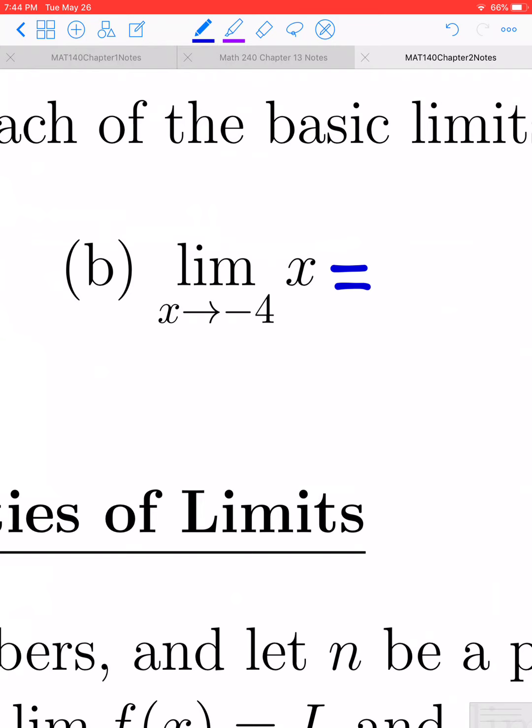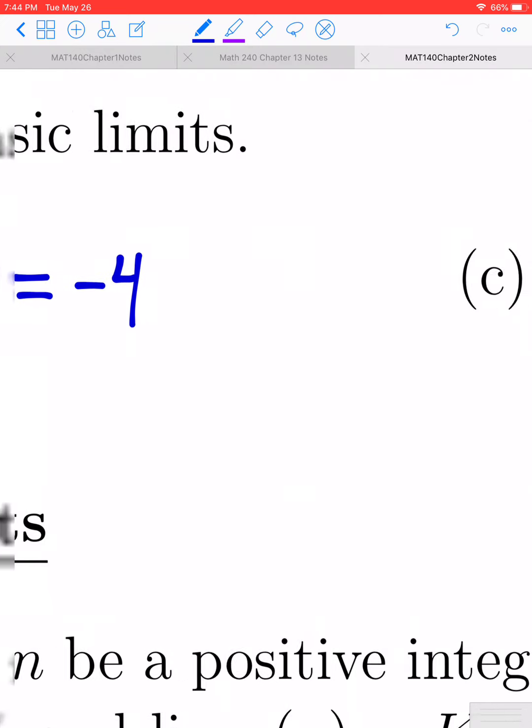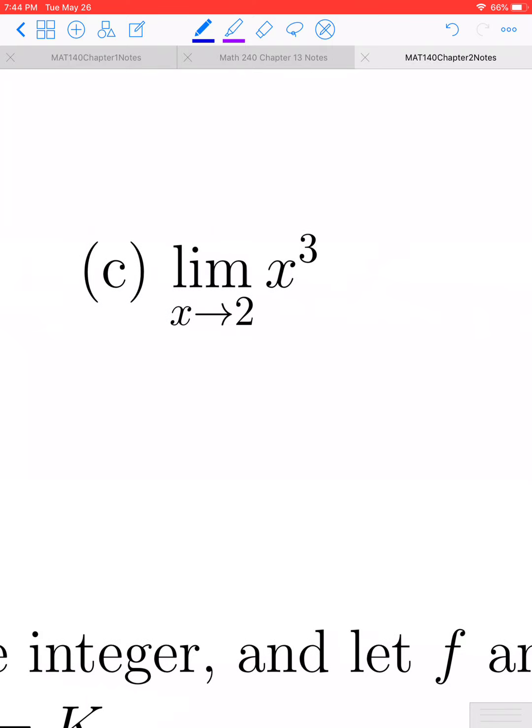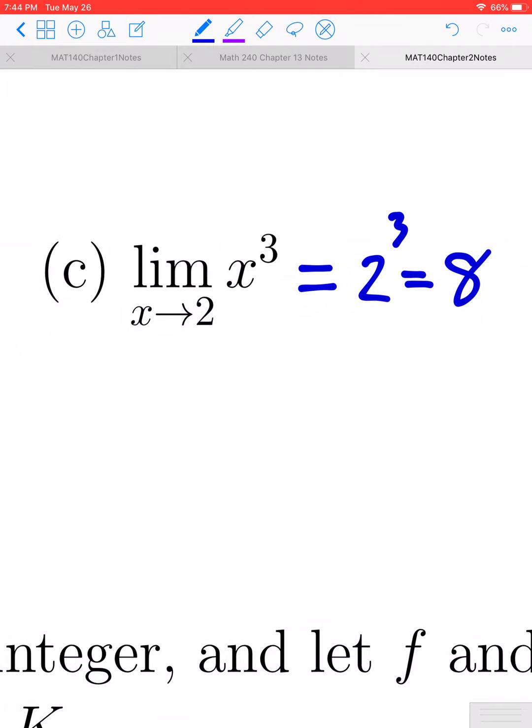Again, polynomials are well-behaved functions, so everywhere you see an x, you can replace it with negative 4, so the limit is negative 4. And then the limit as x approaches 2 of x cubed is going to be equal to 2 cubed. 2 times 2 times 2 should give us 8. So that limit equals 8.